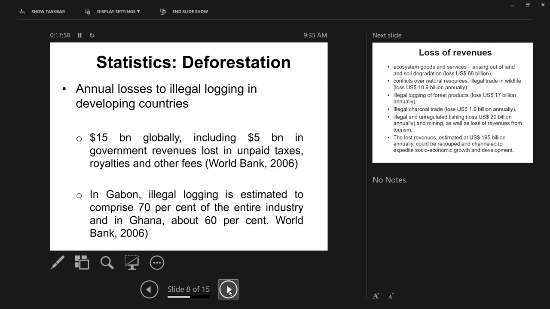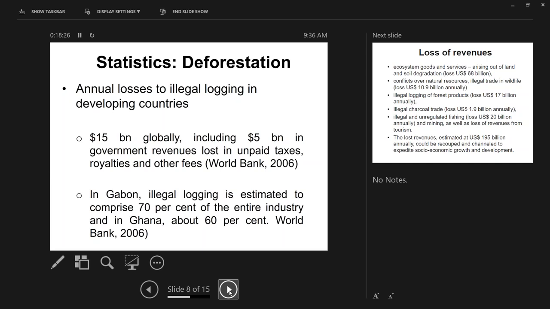So I've provided some figures here on what we really lose in terms of revenue due to environmental problems. Here we have ecosystem goods and services arising out of land and soil degradation, estimated at about 68 billion US dollars annually.